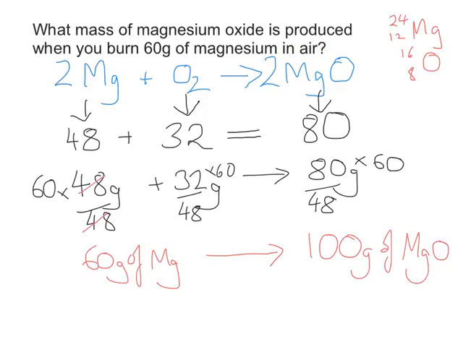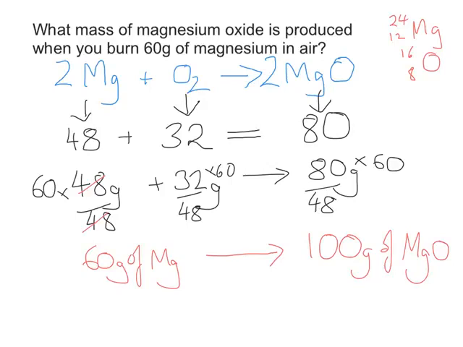So at this point, you can jump straight to this step. 2 moles of magnesium weigh 48 grams, plus 1 mole of oxygen molecules, which we learnt in the last lesson was 32 grams, and 2 moles of magnesium oxide. So it's 24 plus 16, which is 40, times 2, 80. So it's jumping straight to moles. Sometimes, the first time, I would think about a molecule to explain it, but you should be starting to work in moles.